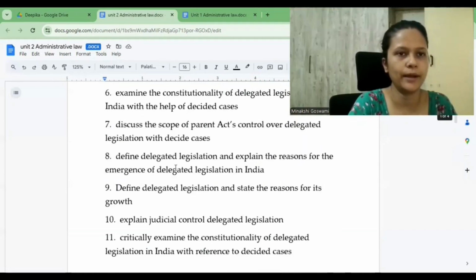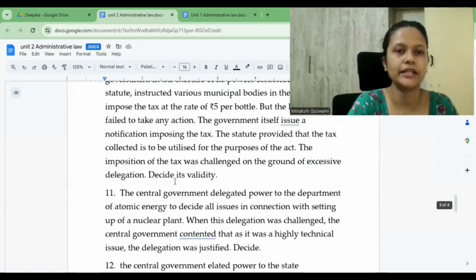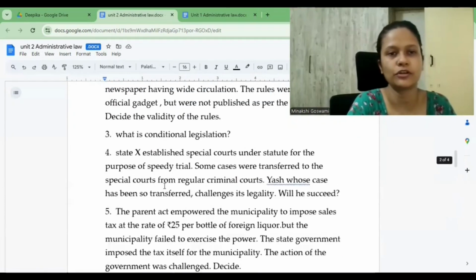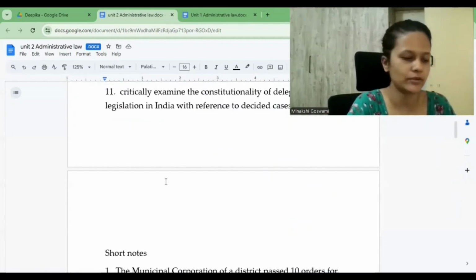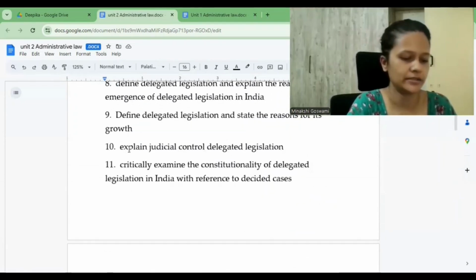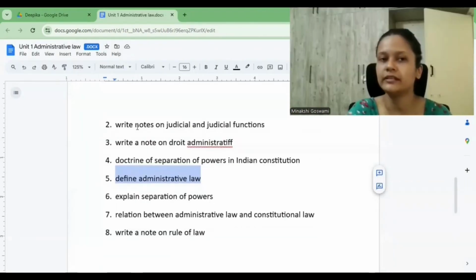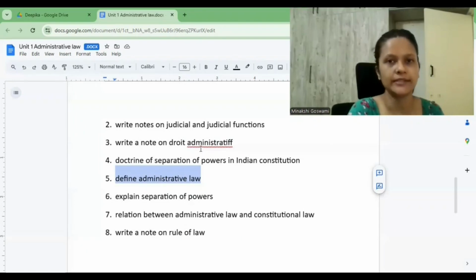So this was all about our unit number 2. We have here 11 or 12 short notes, including problem-based questions, and we also have 11 long answers added as important questions. Now, even though certain things are mentioned in short notes, while you are studying, always prepare it for the highest mark that is there.